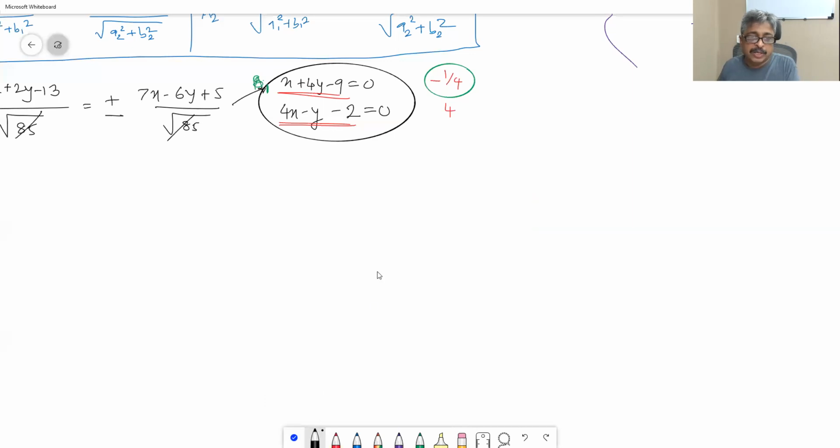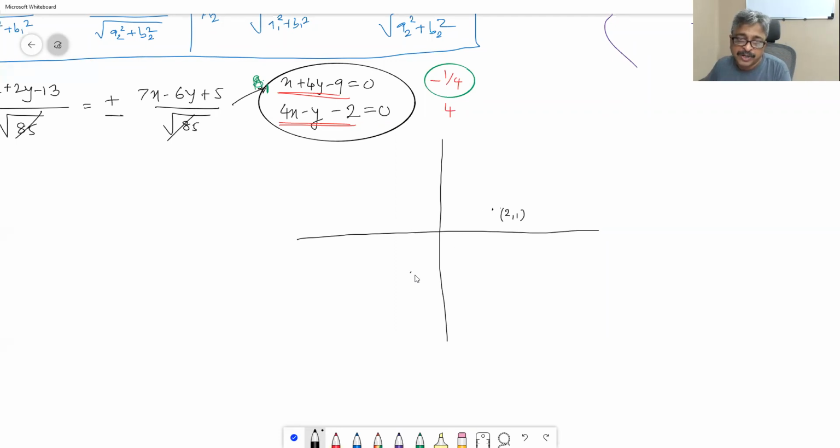Now, understand what I am trying to say. Let us take two easy lines. A line passing through (2, 1) at 45 degrees, so it is x minus y equals 1.